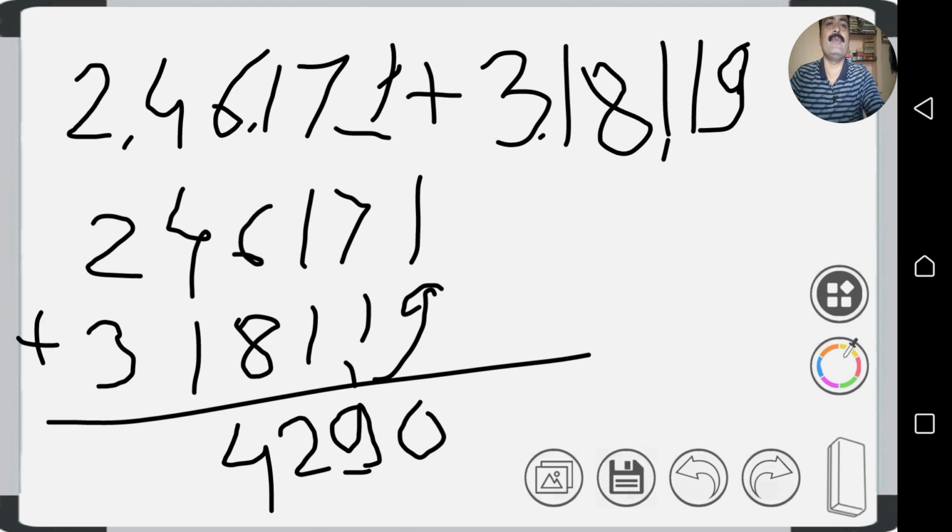For 14 we write 4, and 1 carry into the next addition. So 4 plus 1 is 5, plus 1 is 6, and in the last addition 2 plus 3 we got 5. So we got the answer 5,64,290, which is called the sum of these two numbers.